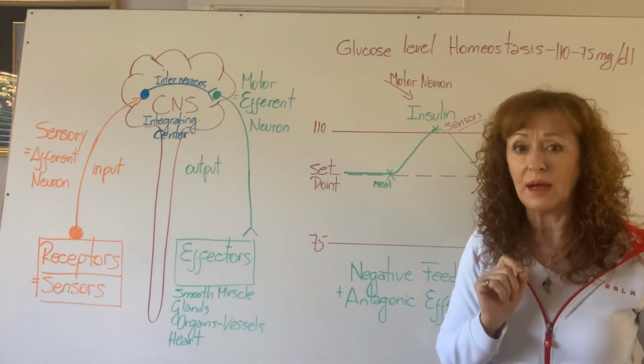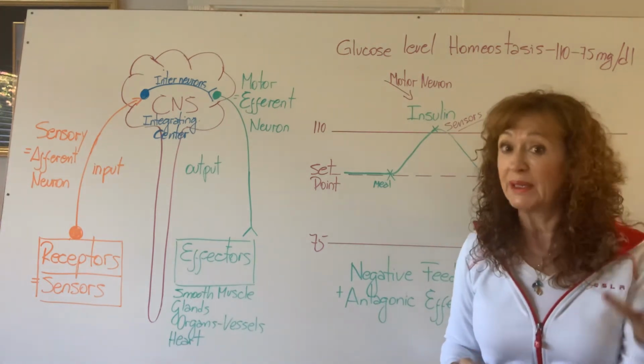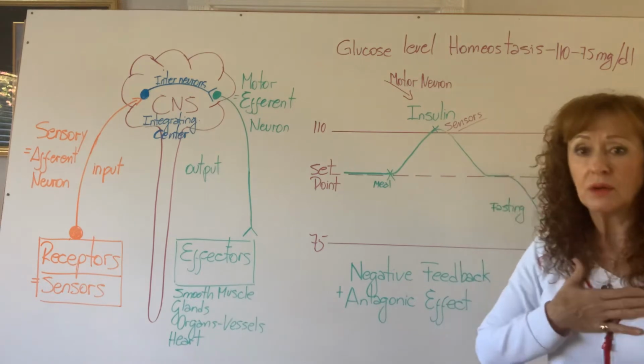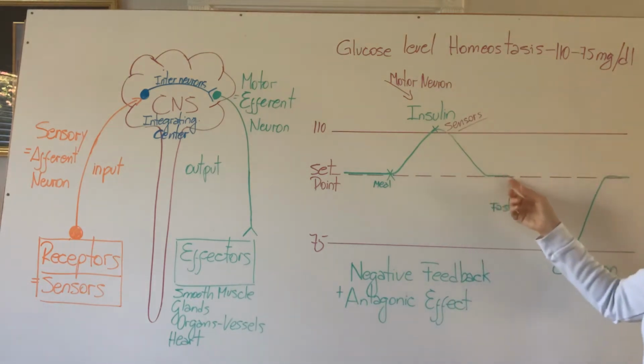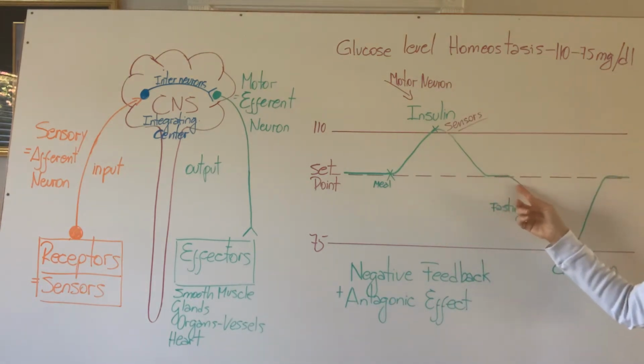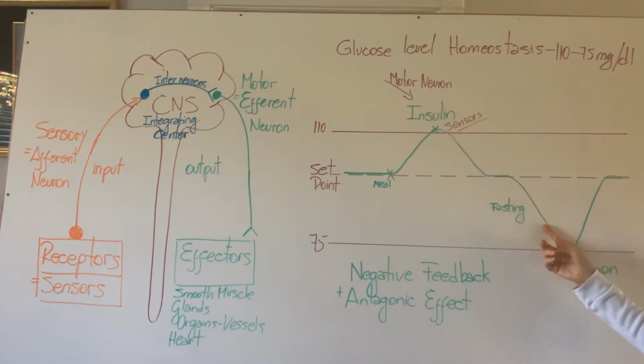And after a few hours of continuing even blinking, my glucose levels go below the normal because we consume all the glucose. When the glucose level, in my case, reaches below 75, it is again sensed by sensors.